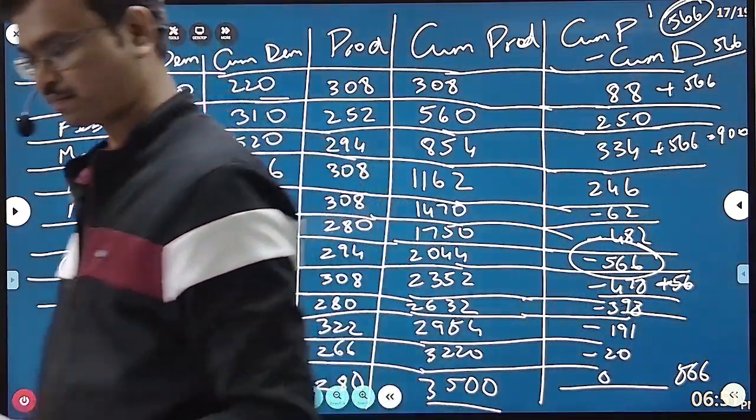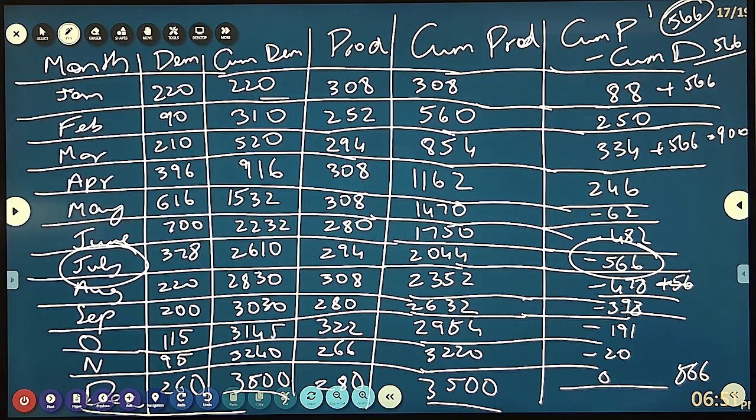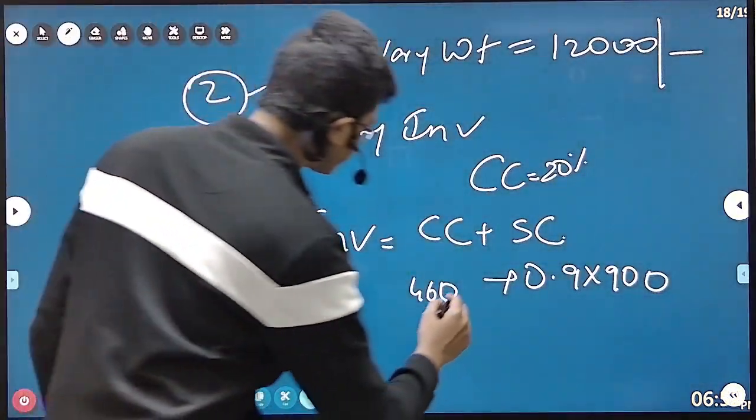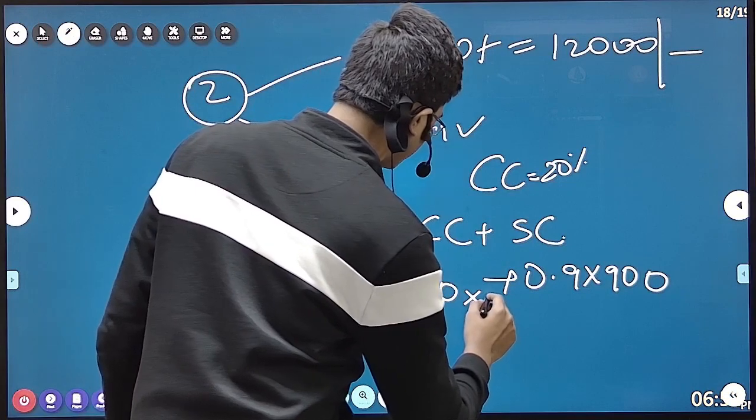Let's see if it's matching. Yeah, so 460, correct. So 460 into 20% of 100, that will be 20.